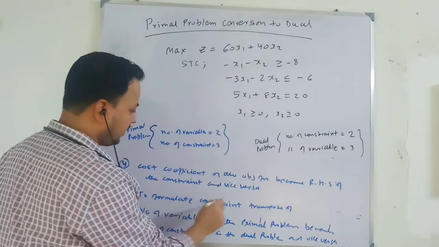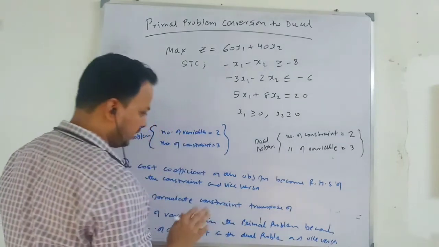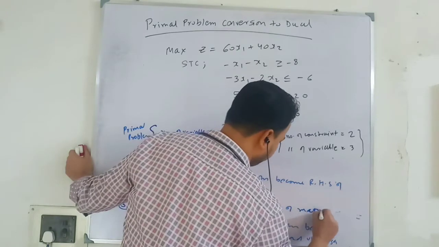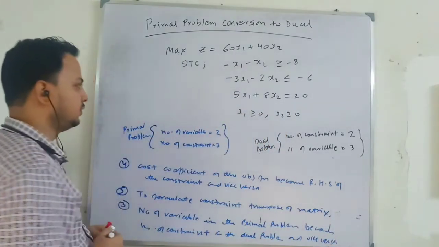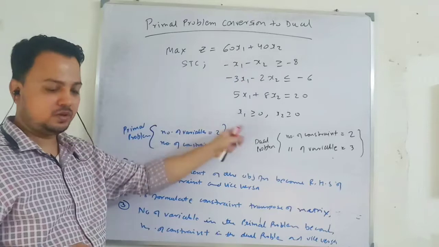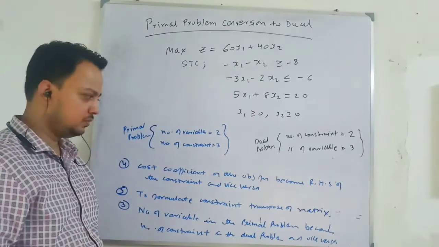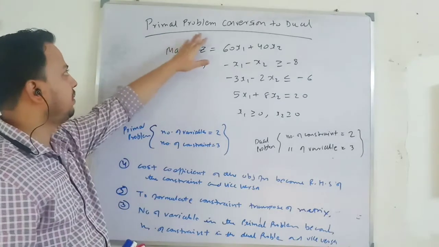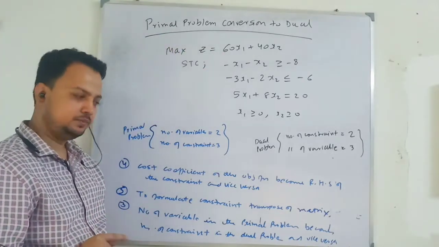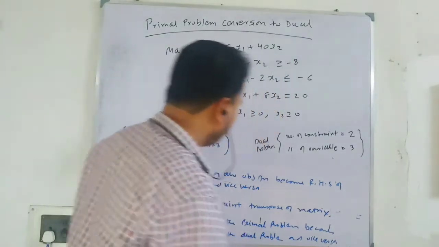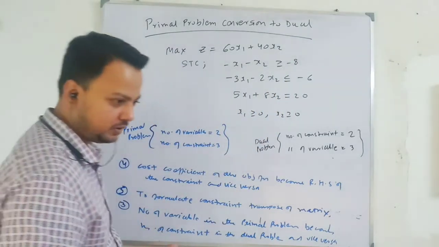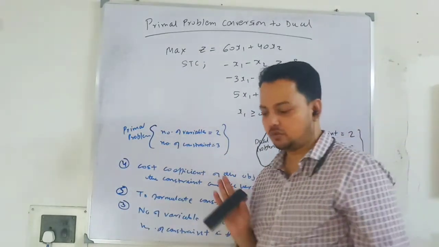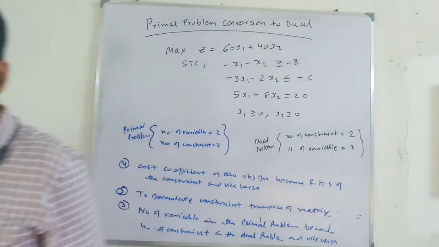So in the dual problem, we take the transpose of the primal problem constraint matrix. In this way we can make the primal problem into the dual problem. This is the framework that you have to remember. I am simplifying it so that you do not deviate much.